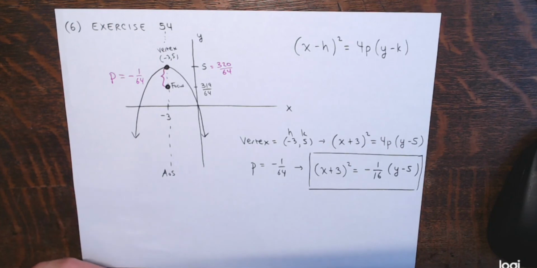The equation of the parabola shown to us in standard form: the quantity (x plus 3) squared equals negative 1/16 times the quantity y minus 5. And I'll leave it to you. You can enter this into the Desmos site and see that it's a parabola with a vertex at negative 3, 5 and opening down. And that's about all you're going to be able to compare it to. But it should be good.